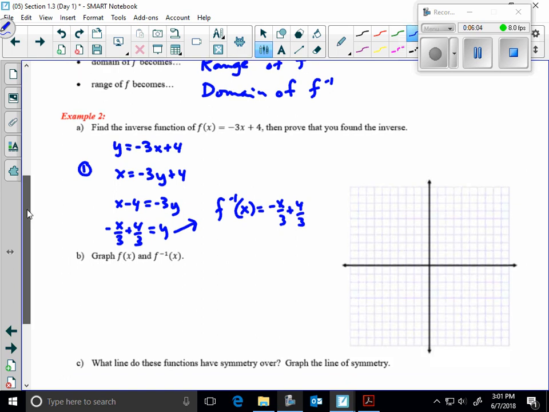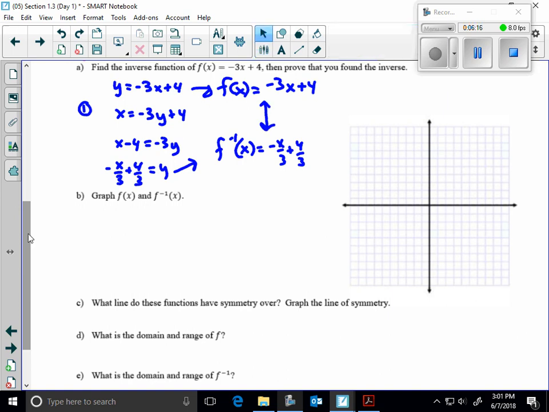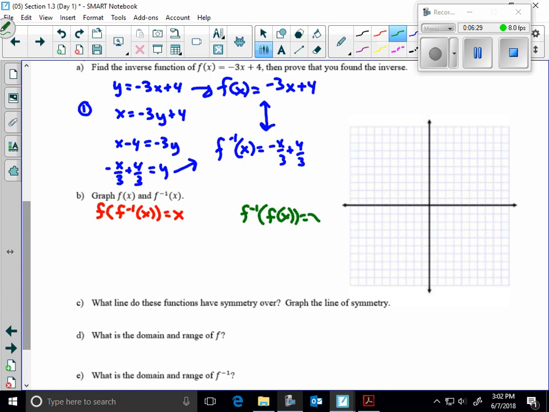Now, how do I prove that that's true? All right, so to prove that that's the actual inverse, here I have f of x, and here I have the inverse. I got to show that f inverse of x equals x, and I have to show that f inverse of f of x equals x from above, right? That's a property we just learned. So let's do that. f of f inverse of x.